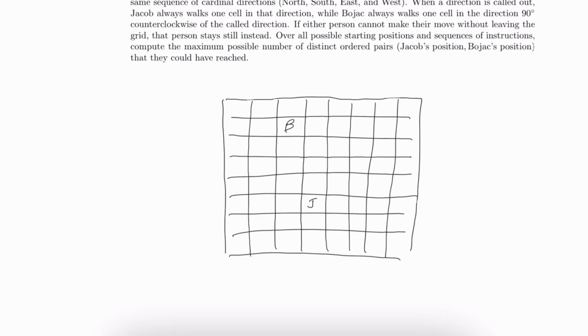Then I guess marking each direction with a different color, something like this. Jacob will follow each direction as called, but for any move that Jacob makes, Bojack will make in the 90 degree counterclockwise direction. So if blue was called, or east, Bojack would move north, and everything's just rotated by 90 degrees.